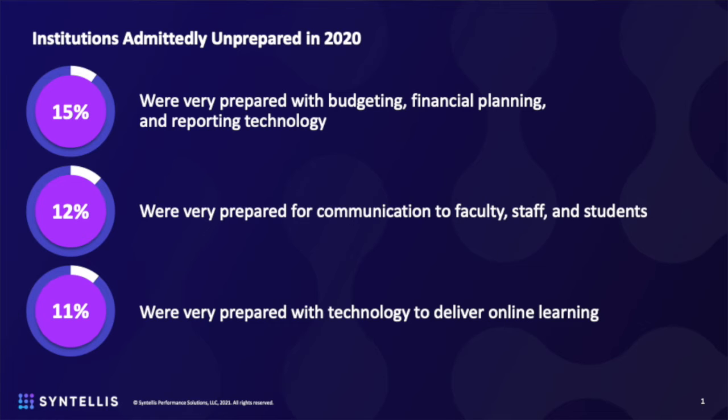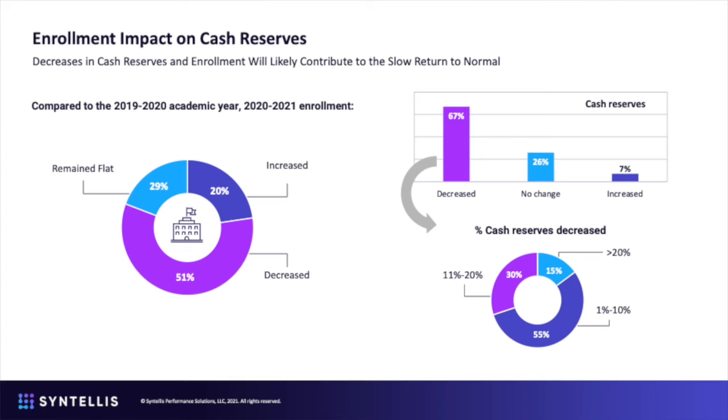In order to be agile, though, you've got to have some of those solutions to help you be nimble. The other stat we've got is enrollment impact, right? Based on the outcomes of our survey, roughly 51% saw enrollment decrease.